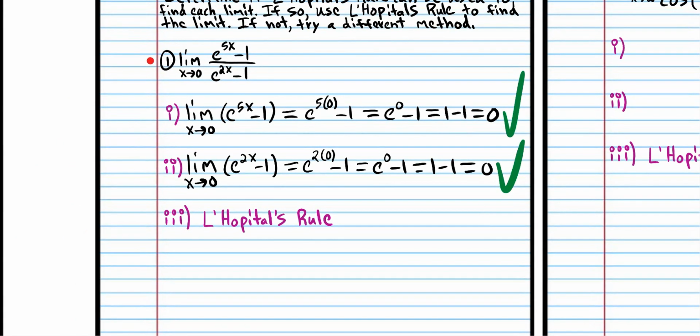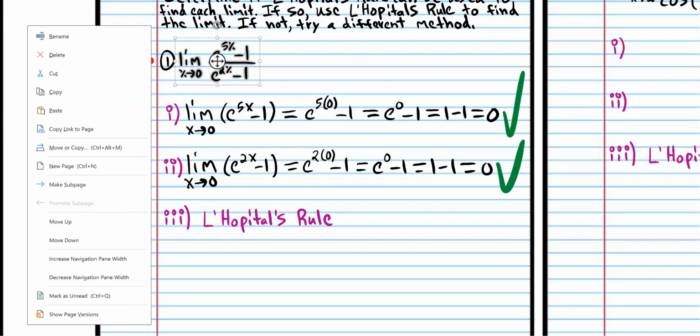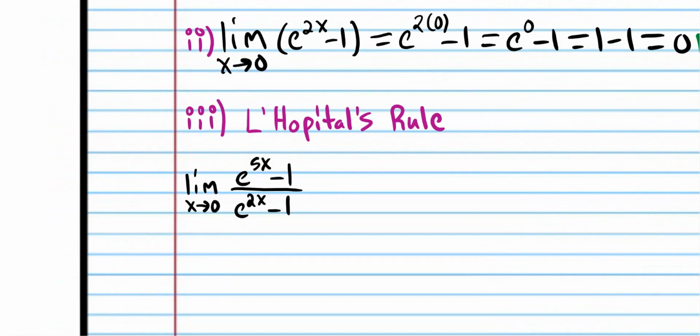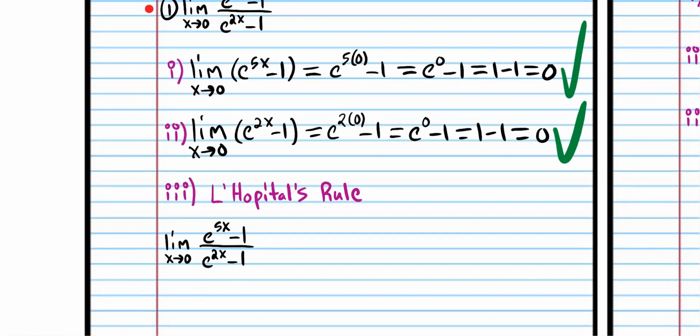Okay, so I'm going to copy that expression up there, and hopefully L'Hopital's rule is going to work for us. Sometimes it works, sometimes it doesn't, but we'll see. We know that we can use it because we have 0 divided by 0.